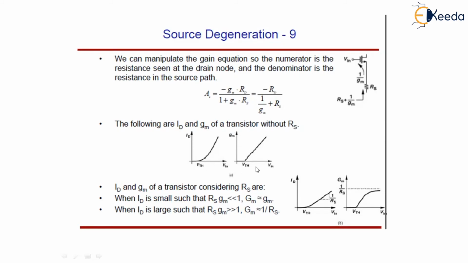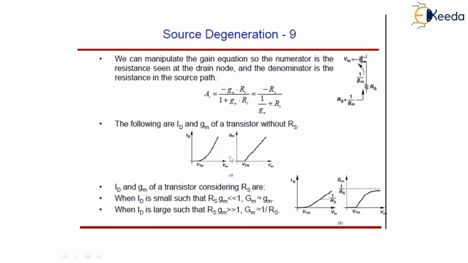So the following are the graphs of the drain current and the transconductance of a transistor without considering Rs. We can see the transconductance of a transistor is very linear with the input voltage. As we increase the input voltage, the transconductance increases above Vth, and the drain current also increases with Vin and becomes more linear above the threshold voltage.